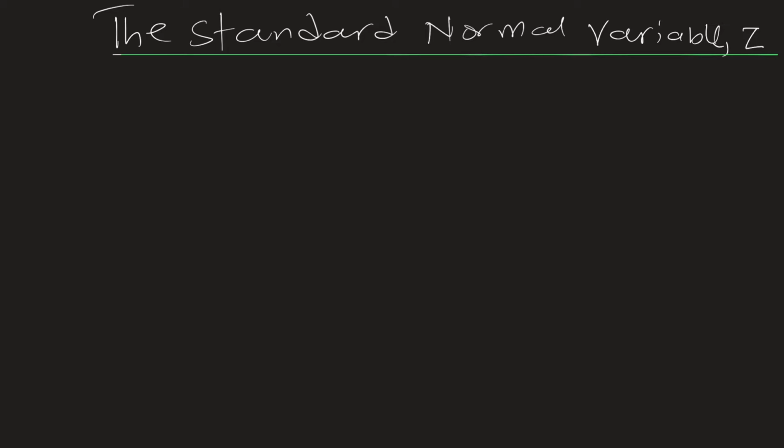In order to use the same set of tables for all possible values of mu and sigma squared, the variable x is standardized so that the mean is 0 and the standard deviation is 1. So we need to standardize all normal distributions so that the mean is 0 and the variance is 1. I'll give you this information.